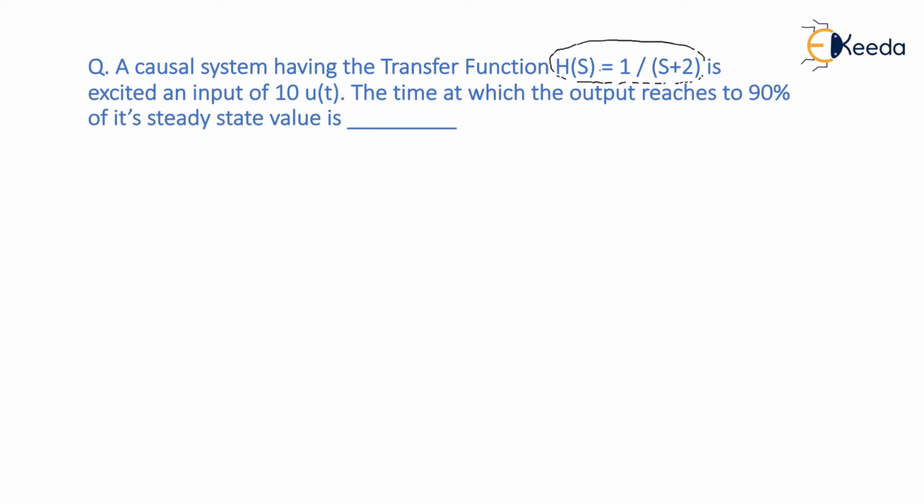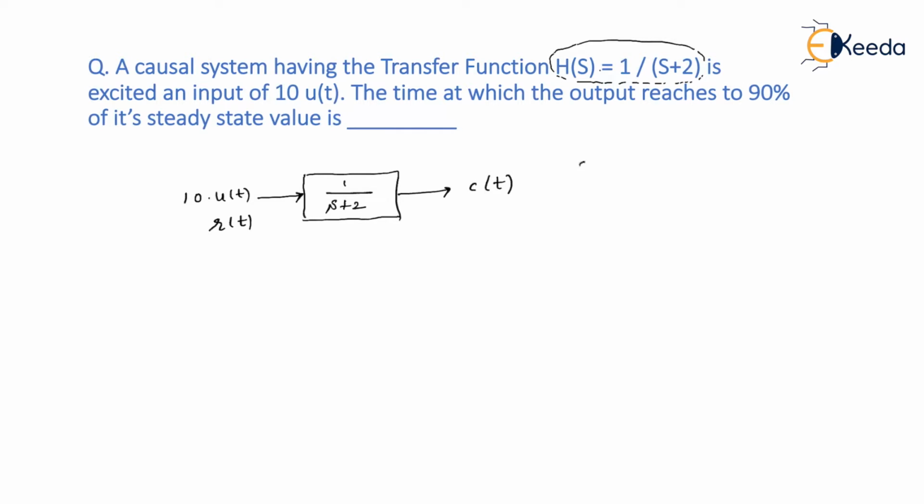So it goes this way. We have some system having transfer function 1 upon s plus 2, and now this is excited with an input 10 times u of t. Am I right? So in general, this is nothing but a reference input r of t, this is nothing but c of t, and c of t stands for controlled output.